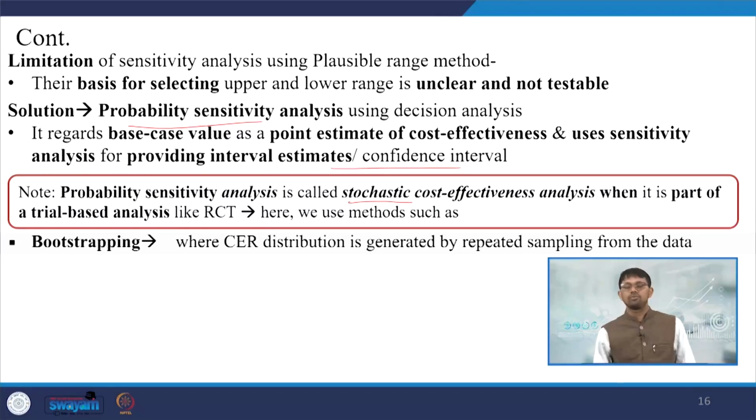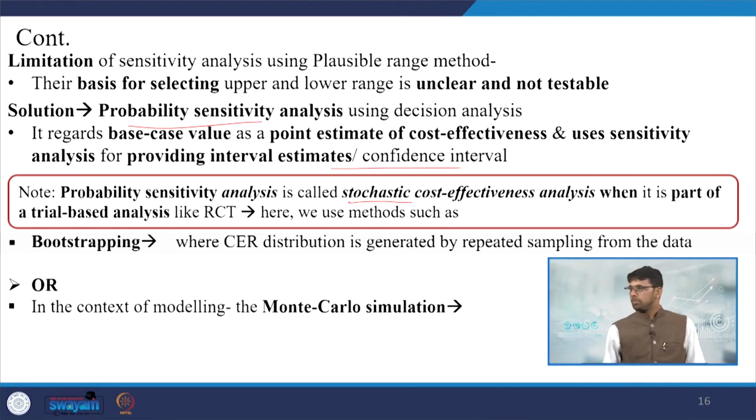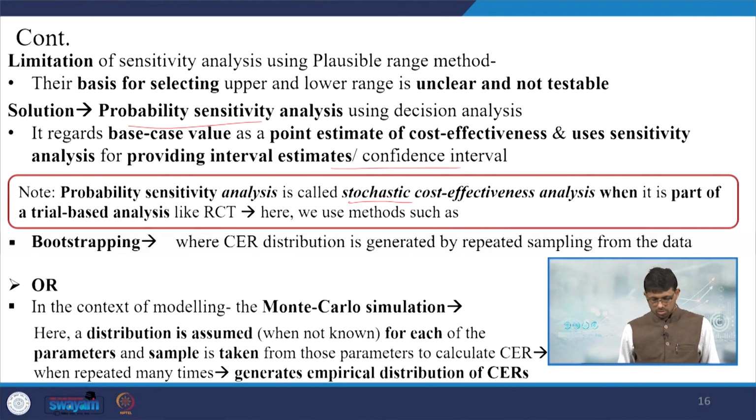Here we use methods such as bootstrapping, where the CER distribution is generated by repeated sampling from the data, or in the context of modeling, Monte Carlo simulation is also useful. Okay.